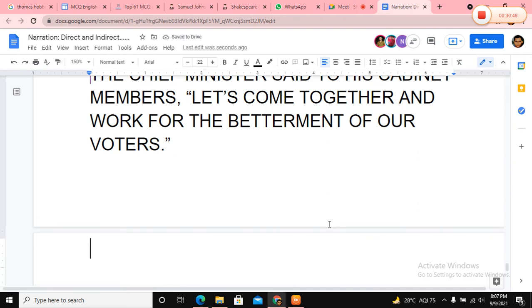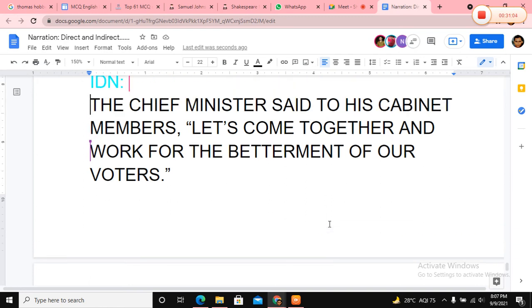Be very much careful with the let's clause. In this sentence, you have to use suggested, and connector will be that, and you will make it by using should. Let me solve this one for you.